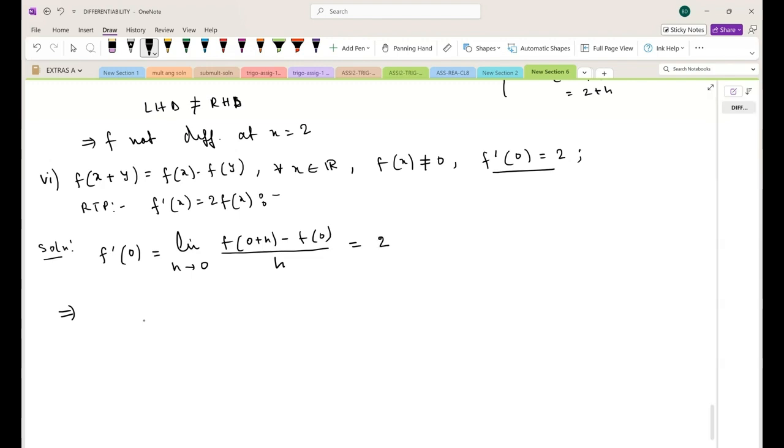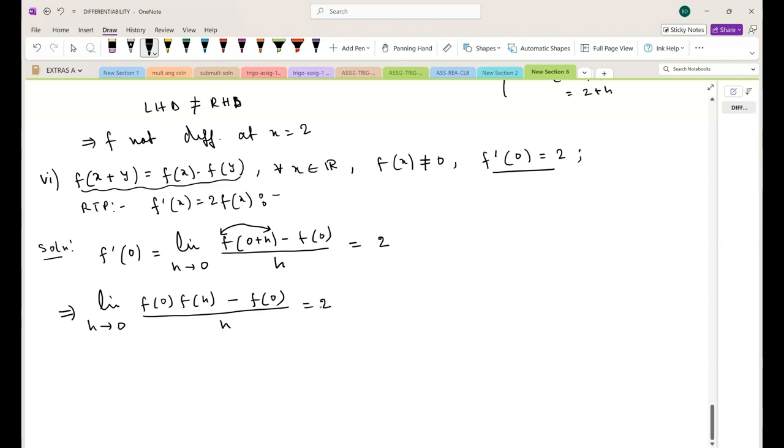Okay. So now we apply this property here. We apply this property here. So from this we get limit h tends to 0, f0 into fh minus f0 by h equal to 2 from the given property.